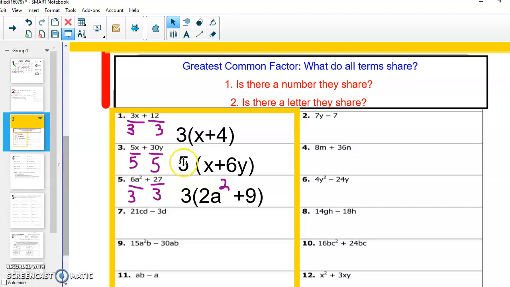Remember, when we're talking about terms, we are just thinking about our coefficient and our variable. So 7y is a term here, and -7 is also a term. It doesn't have to have a variable. The second question is, is there a letter that they share? We need to find those things they share, take them out of that expression, and then simplify and see what's left.